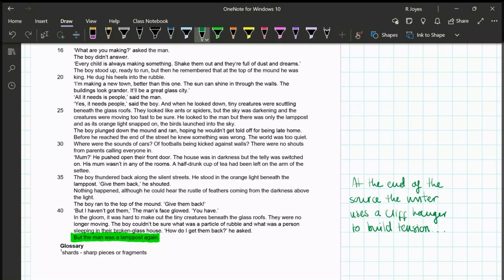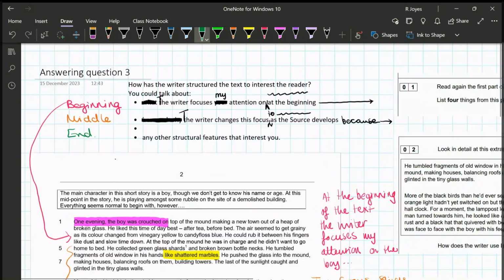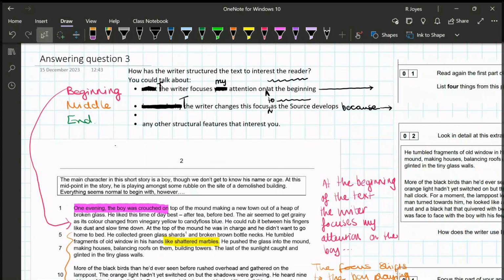We also know from question 4 that we're talking about it being darker and more chilling and more scary. So again, we've got that from our question 4. And we can continue to build our answer. As I said, this is not going to get you the full 8 marks, but you've only got 10 minutes to write this.